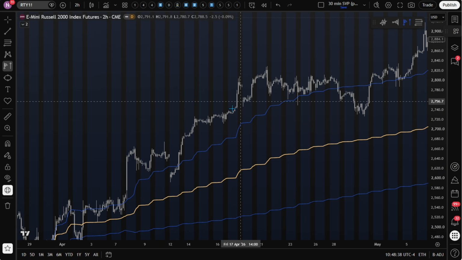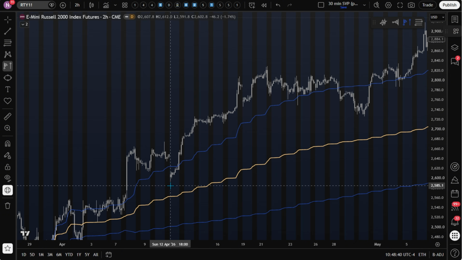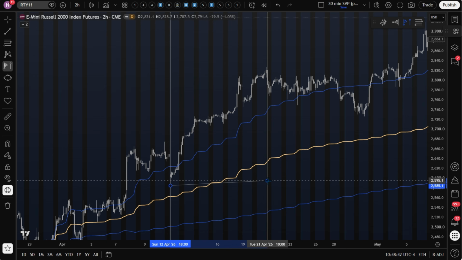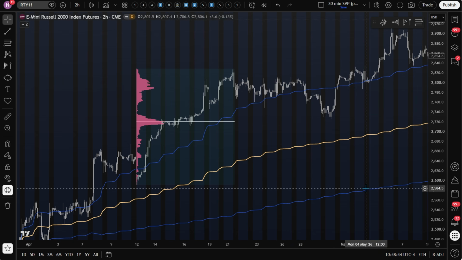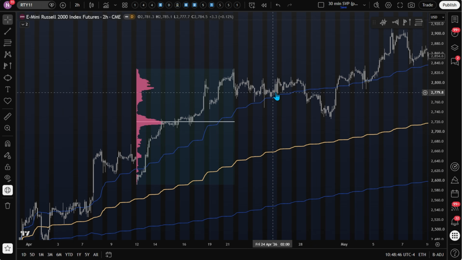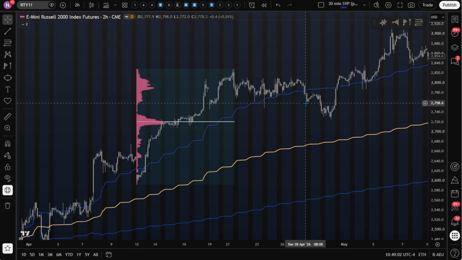Let's pull up a volume profile from this pivot low to the pivot high. So that's what our volume profile would look like. If we are in this consolidation right here, we see it supporting that standard deviation band. You could take longs at that standard deviation band. You would have had some good trades off of that, but ultimately it does break down lower.